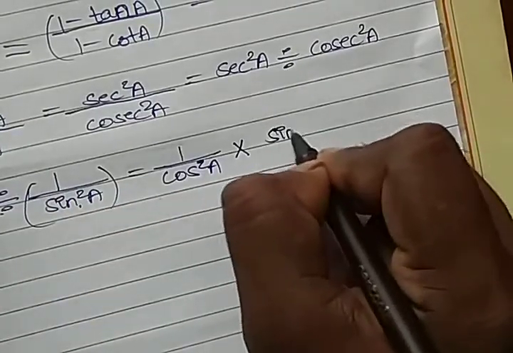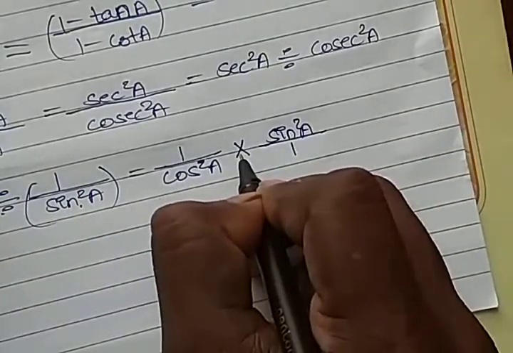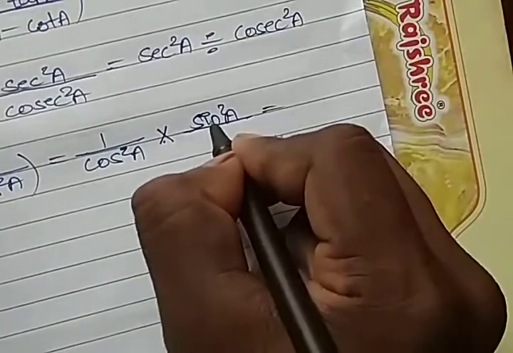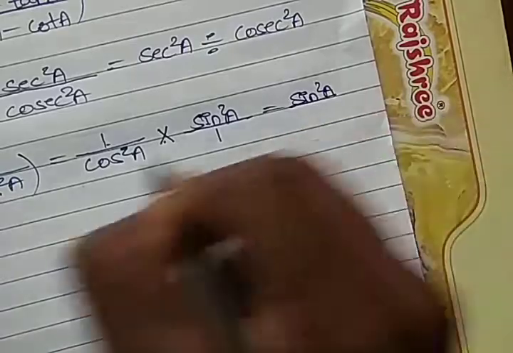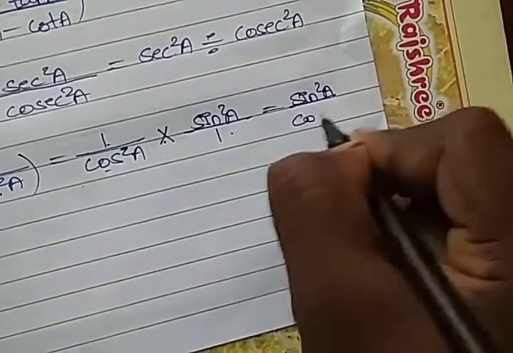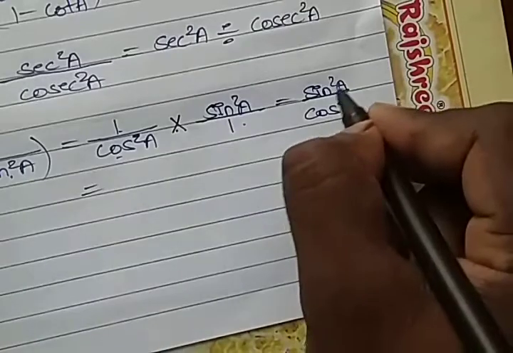Sin square A goes up and 1 comes down because we have changed the symbol, arithmetic operation change किया. Now you can see that sin square A into 1 is sin square A by cos square A into 1 is cos square A, which is equal to, इन दोनों का रेशो क्या होता है?